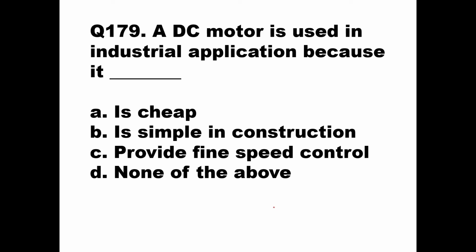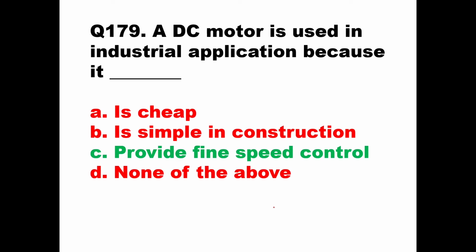You can have SCR circuits, you can control the firing of SCR with electronic circuits, and with those you can control the speed of the DC motor. So option C, provides fine speed control, is the right answer for this question.